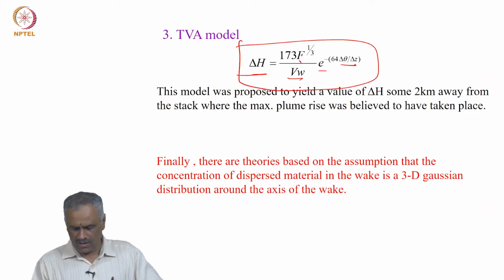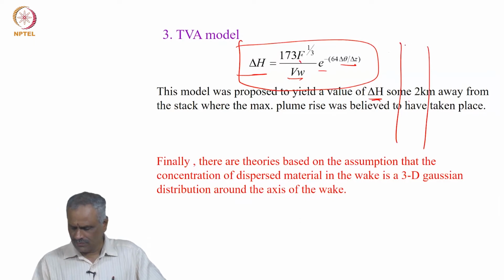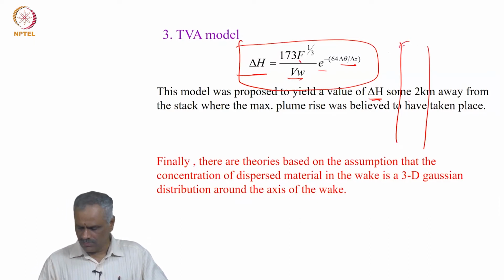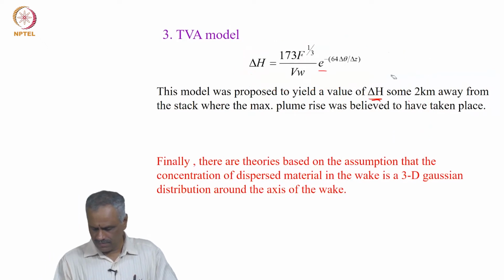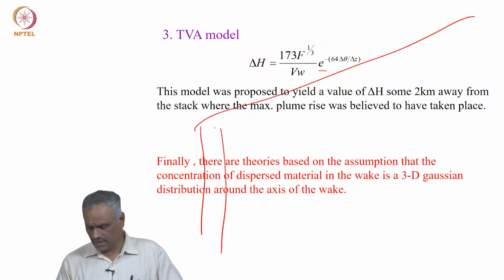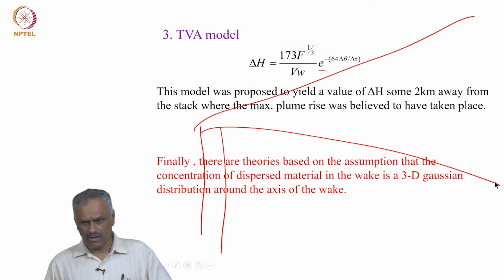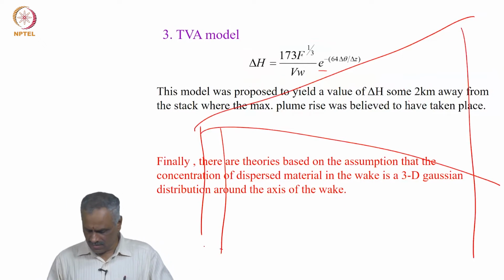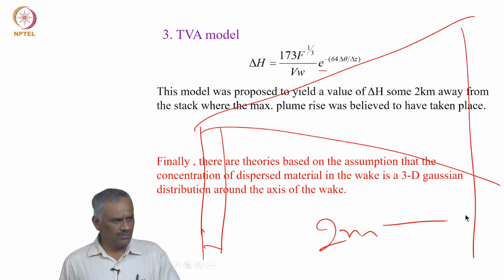This model, this delta H, see if you have a stack like that and the plume goes like that, then this can estimate up to 2 kilometers from the stack here.